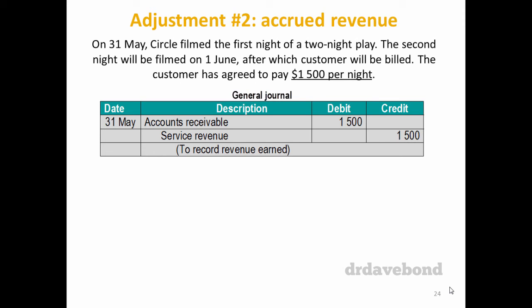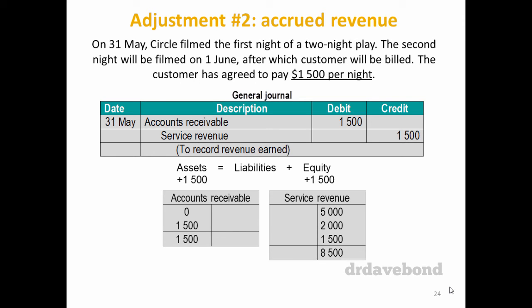Even though they haven't billed that client yet, they still need to show that there is money owing to them. And they need to show revenue because, importantly, they've done the work. That has taken place. So assets go up by $1,500 because we've got an account receivable, and equity goes up by $1,500 because we've earned revenue. Account receivable increases and service revenue increases.